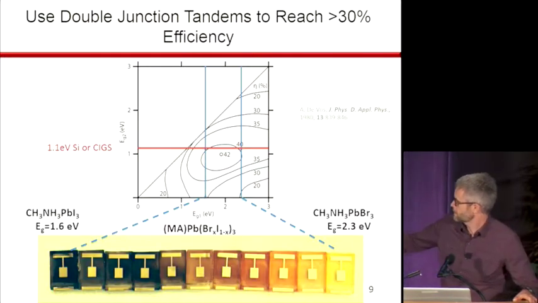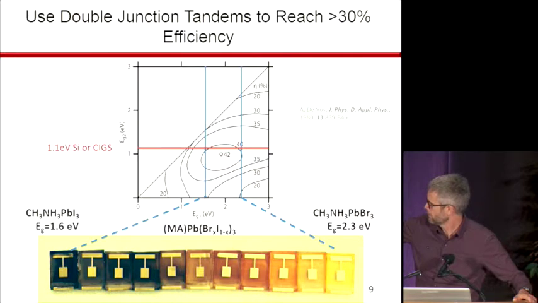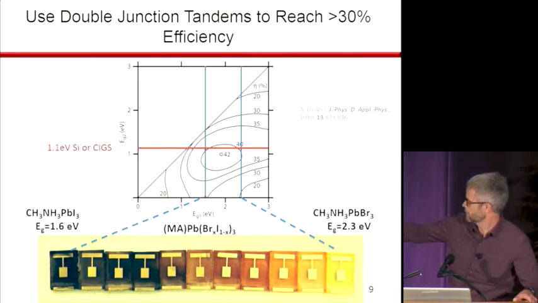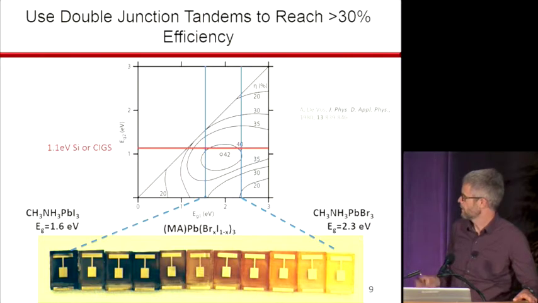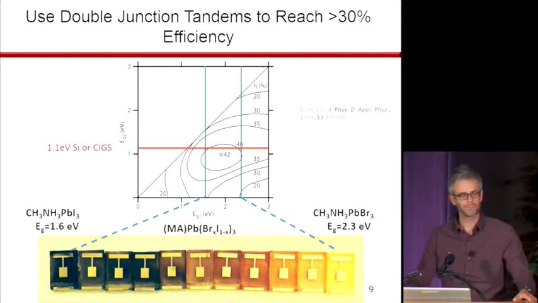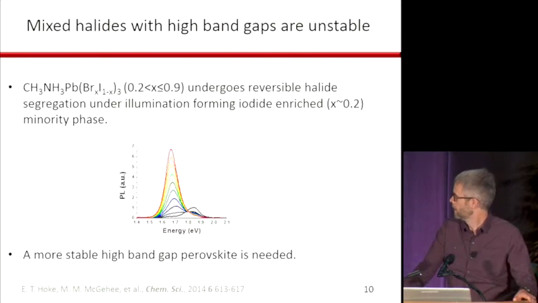With the perovskites, we can tune the band gap with methylammonium lead halides from 1.6 electron volts all the way to 2.3 by gradually replacing the iodine with bromine. So we can get exactly the band gap that is optimal for these tandems.